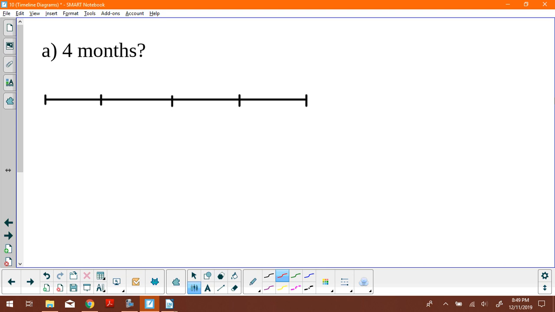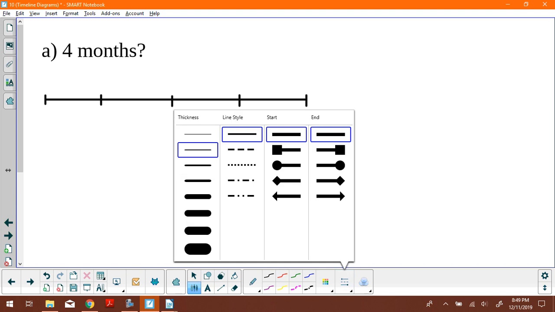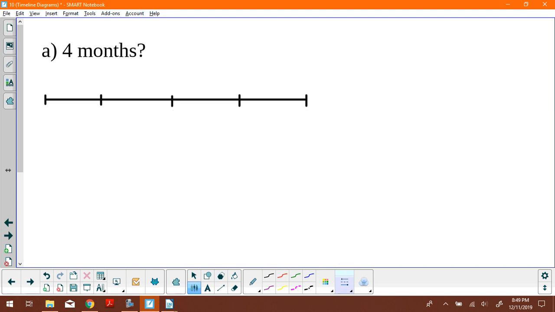So to show what's going on, we're going to create what's called a timeline diagram that keeps track of all these installments that are going in to the bank. I've just drawn a little number line, and it's 4 months, so I'm going to label this 0, 1, 2, 3, and 4.